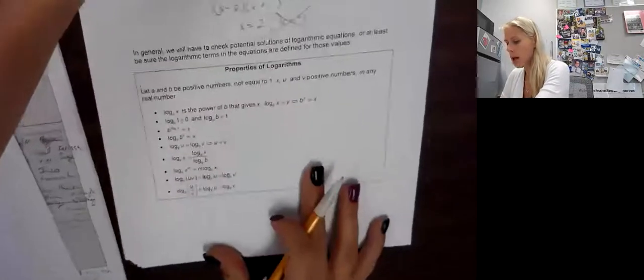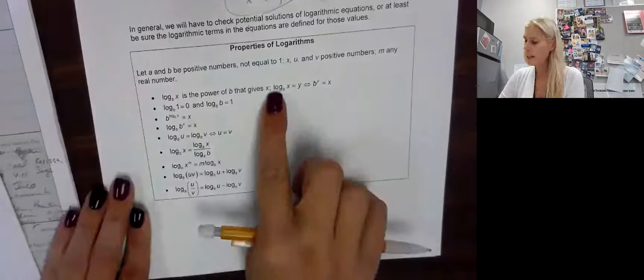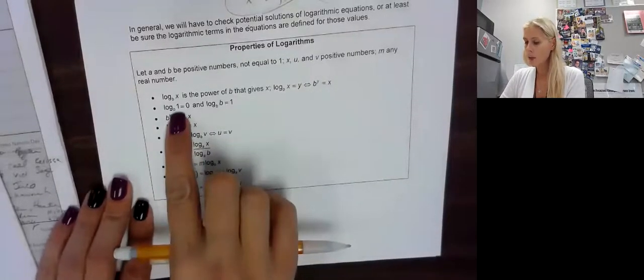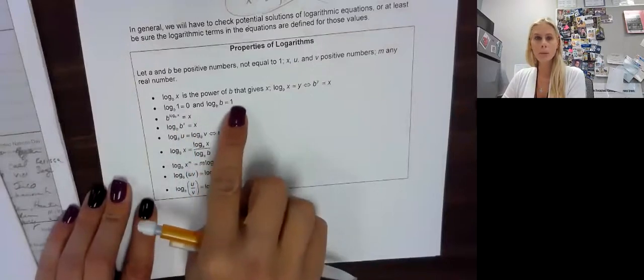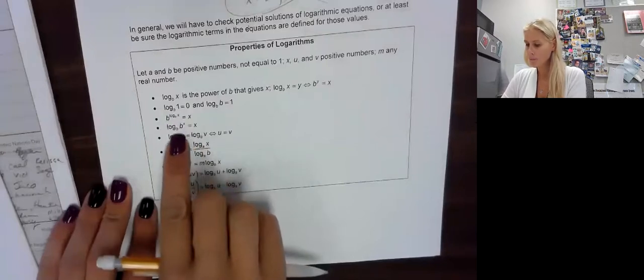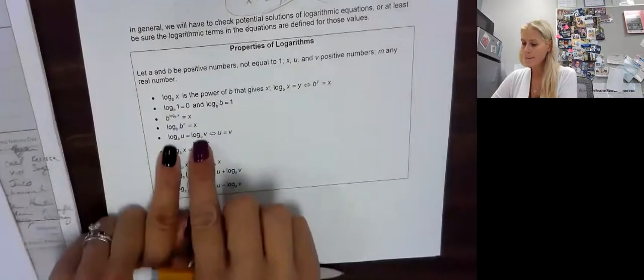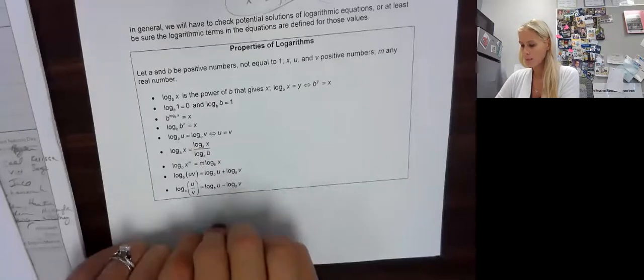So here are some properties of logs that we went through. We can convert them into exponential. We know that log base b of 1 is 0. We know log base b of b is 1. We know that b and log, they cancel. We know that if you have a log base b on both sides, that u and v equal.